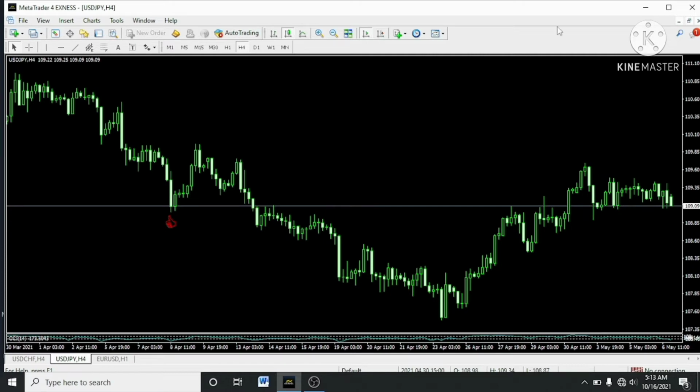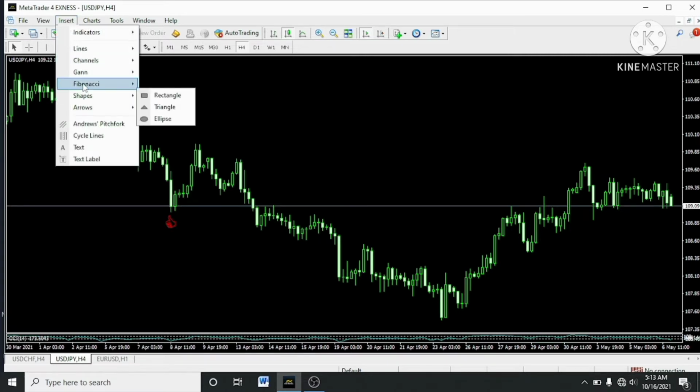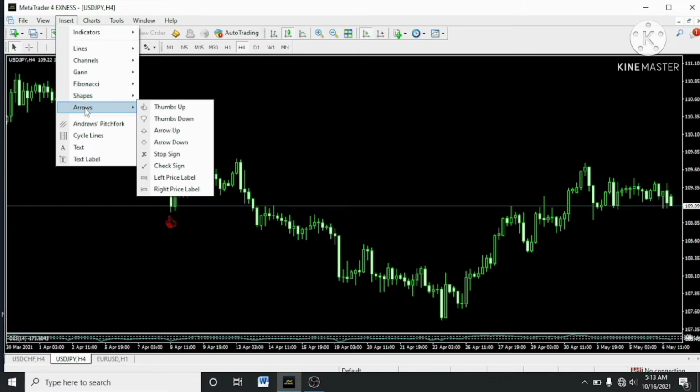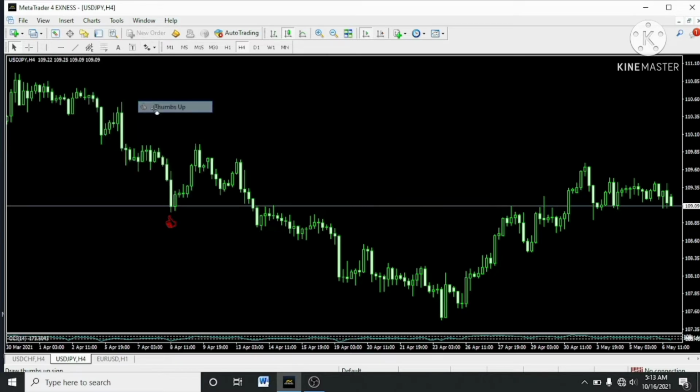Let me show you something here. This is USD/JPY on the H4 time frame. Let me grab my arrows. I'm gonna be using arrows pointing up. If you look here, we have this, then we have this. All these are lower lows.